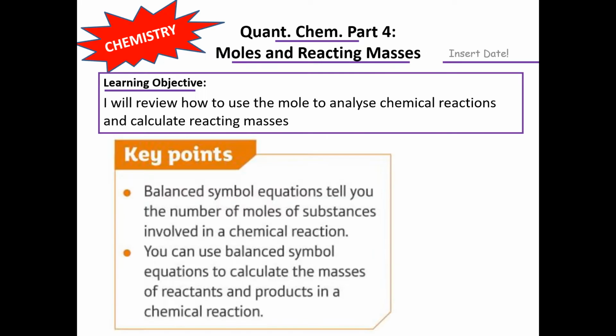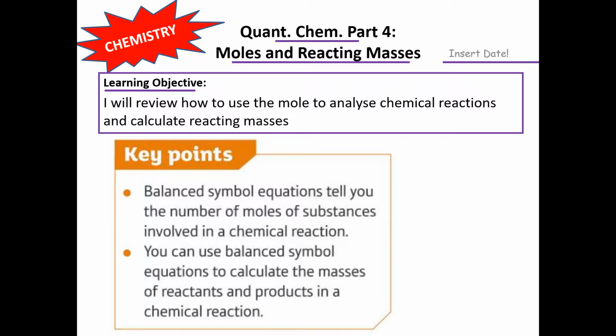All right, so that was a simple review. We're now going to extend it a little bit further and do slightly more complex questions, some of them based upon exam questions. But this was our review so far of how to use this concept of the mole to analyze chemical reactions and calculate reacting masses.